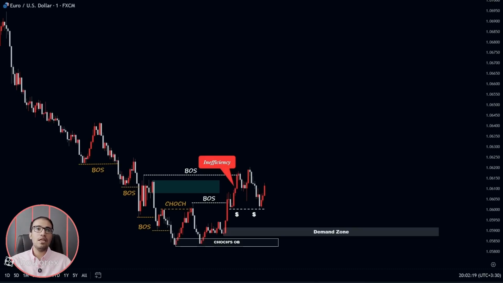As we mentioned before, there are 4 important steps to consider in order to execute a transaction based on the SMC continuation entry model. The first rule is that the price must make a change of character. And as you can see here, the price has done so.